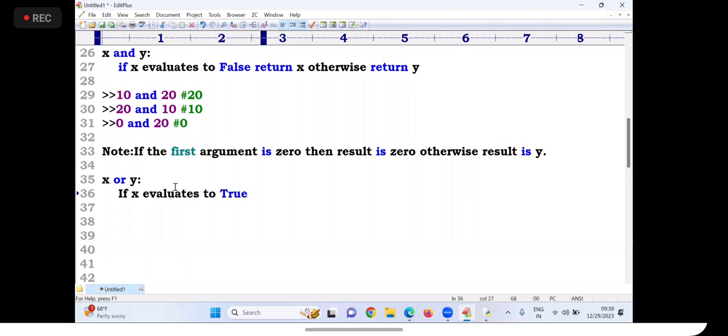Listen, it is opposite. If X is true, then the result is X. If X is false, then the result is Y. Read that one. Based on that, you have to tell the answer.